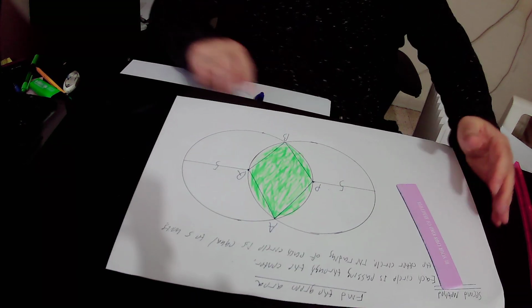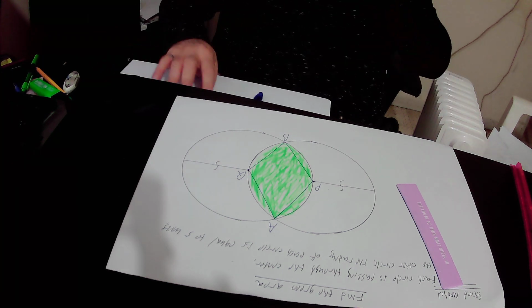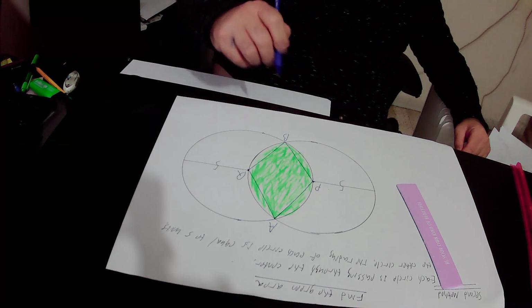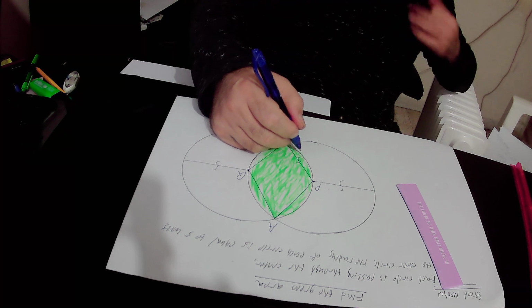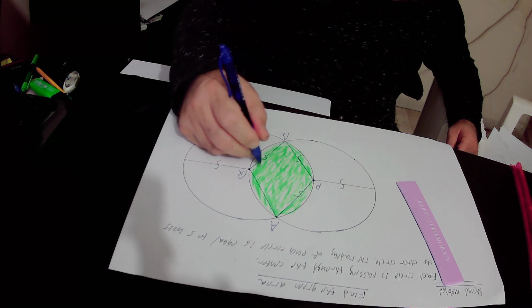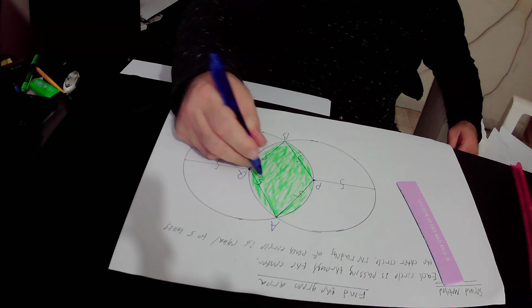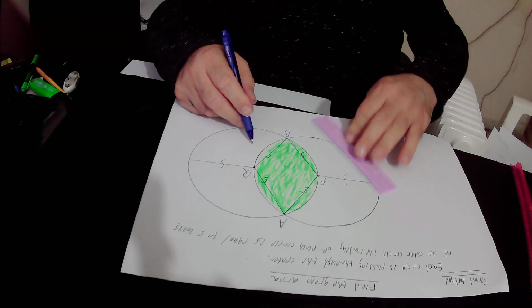So here we already found out that all those line segments are equal to 5 units. They are the radiuses of those two circles. We will join points P and Q by a straight line.